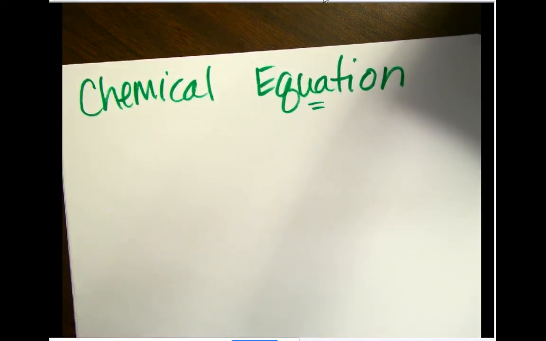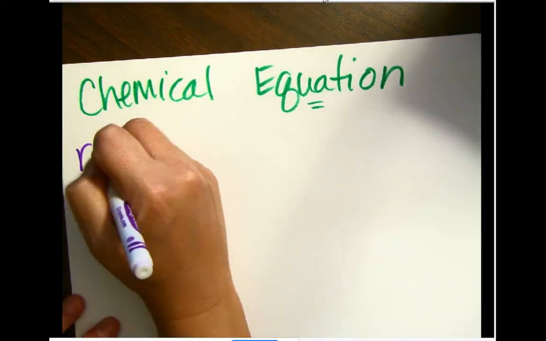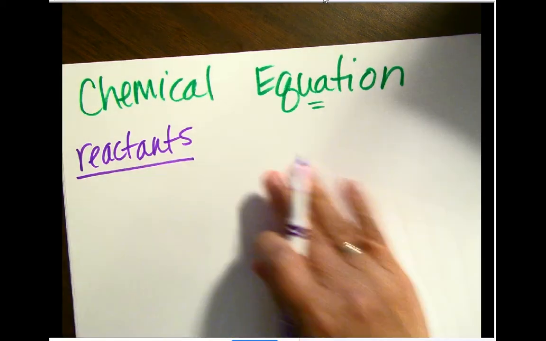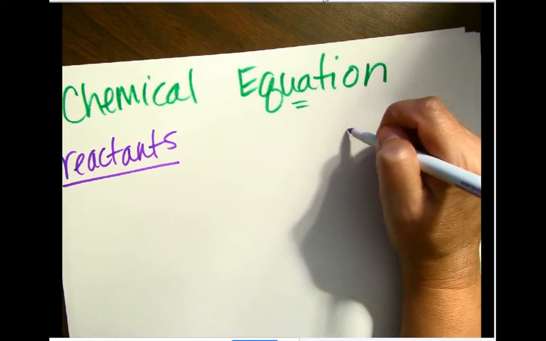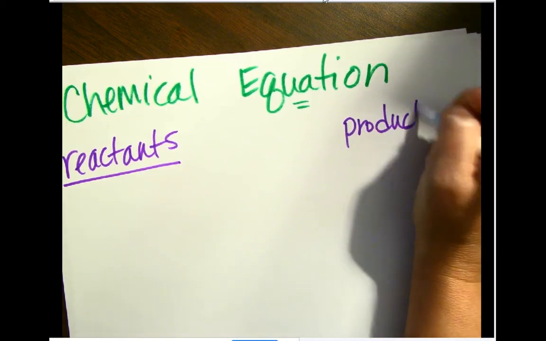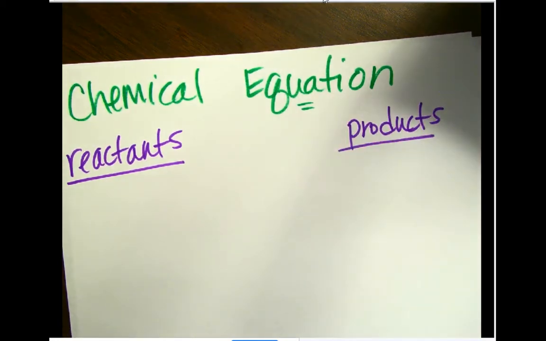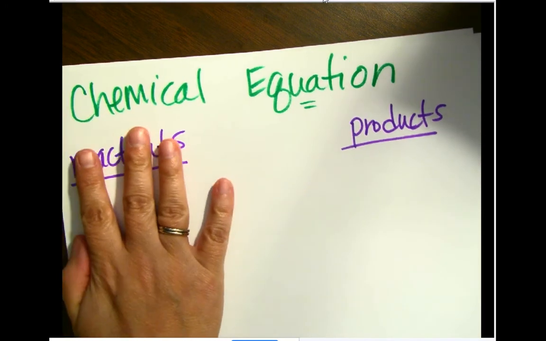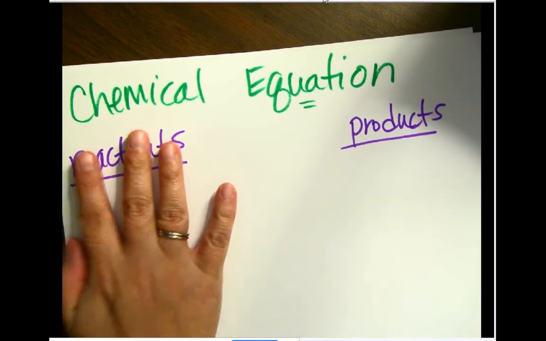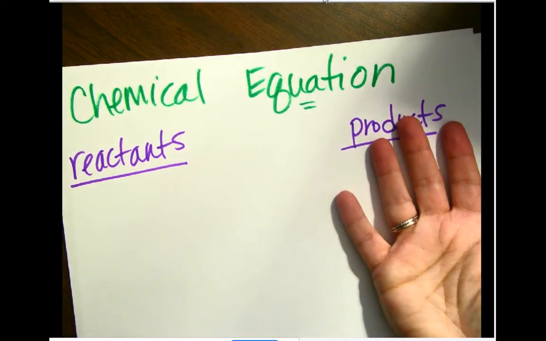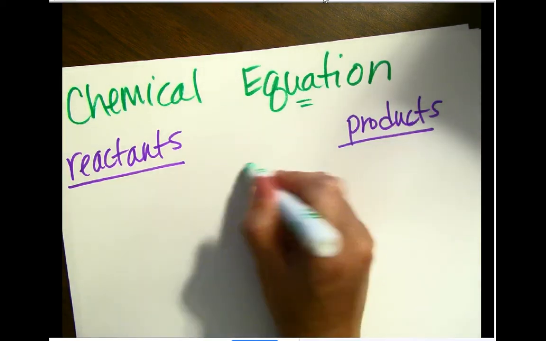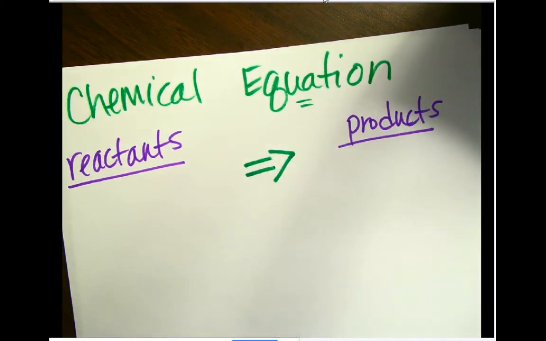So we have reactants, or our ingredients, what we start off with, and then we're going to have our finished products, what we end up with. Okay. The same amount of atoms and molecules, all the atoms that we start off with are going to get rearranged. It's going to be the same amount of atoms, the same amount of matter when we're done. So that's why this is called an equation. It's going to equal.